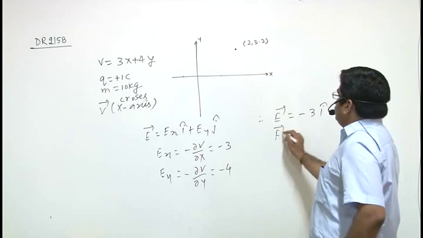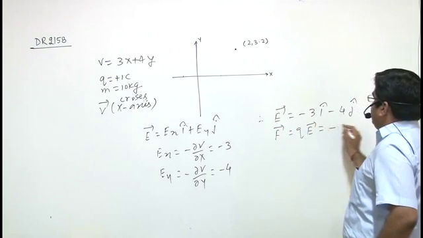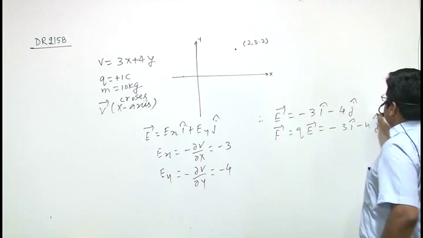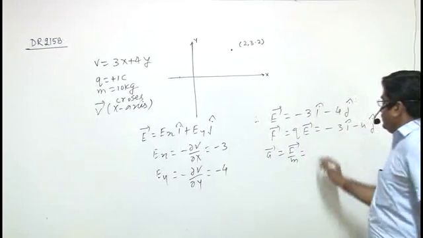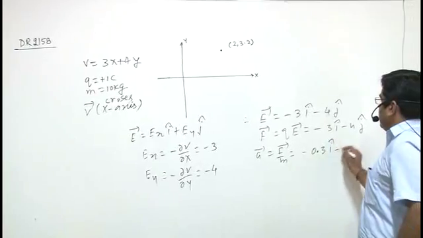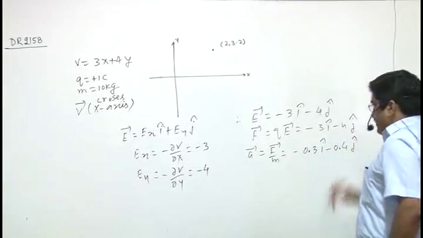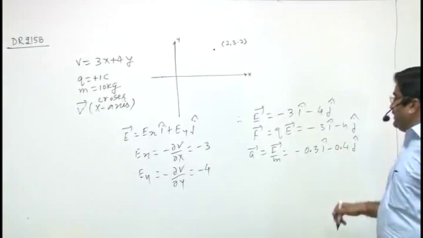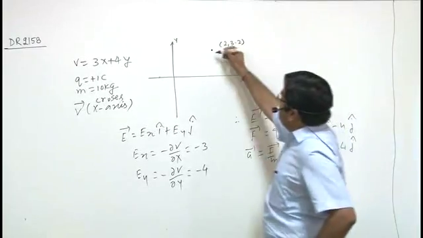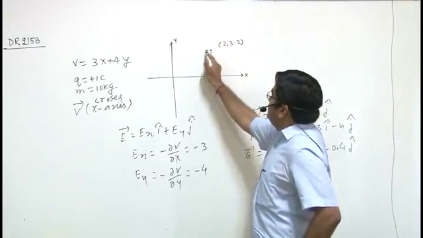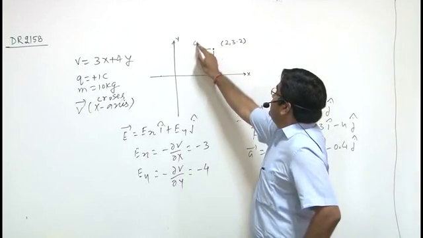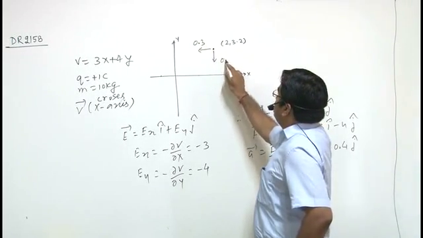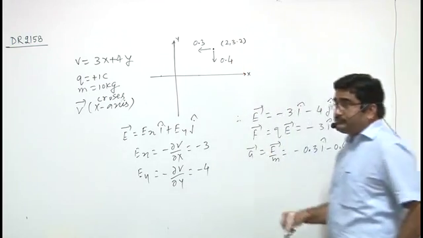Thus the force on the charged particle will become qE, that is minus 3 i cap minus 4 j cap, and the acceleration of the particle will become F upon m, that will be minus 0.3 i cap minus 0.4 j cap. This is the acceleration of the particle. Now these accelerations are in the negative direction. That means the acceleration in the x direction is 0.3, acceleration in the y direction is 0.4.